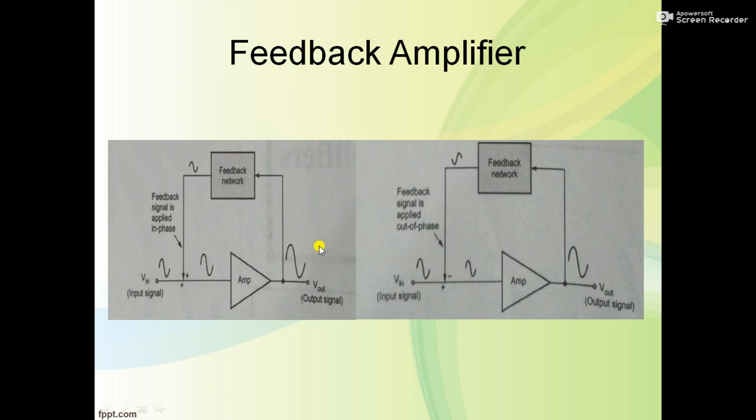That output signal is sampled and fed back to the input side through this feedback network. Whatever feedback signal is applied, if it is in phase with the Vin, it is called positive feedback. If the feedback signal is out of phase, that means it is a negative signal out of phase with the positive signal, so this is called a negative feedback amplifier circuit.